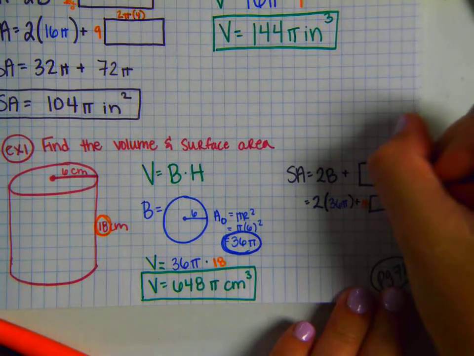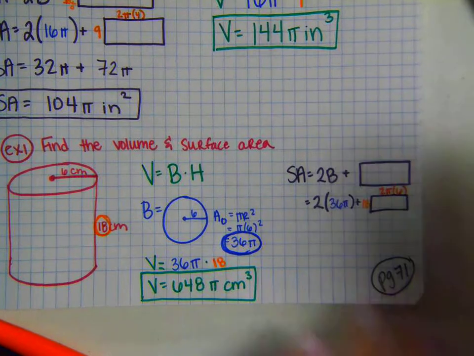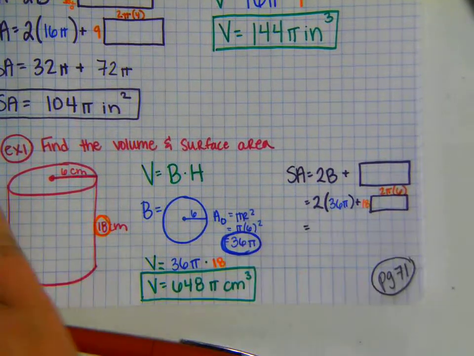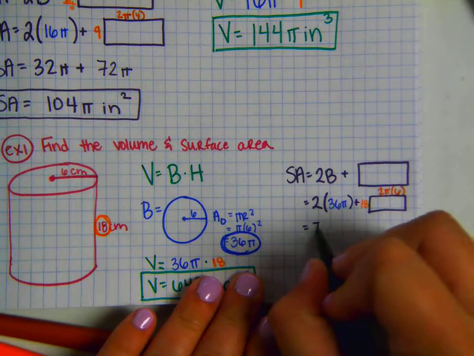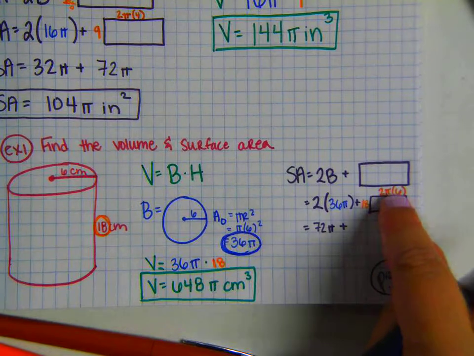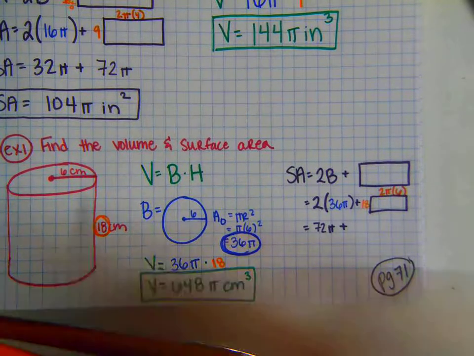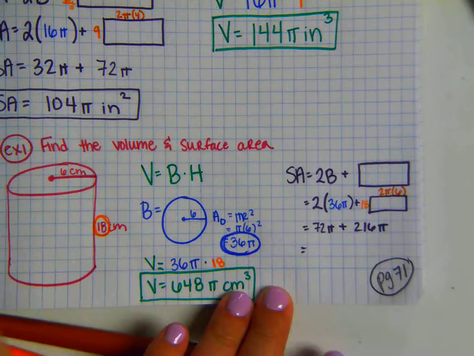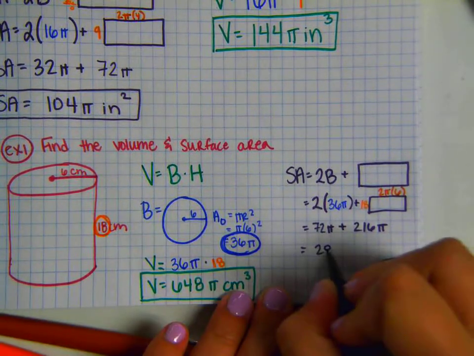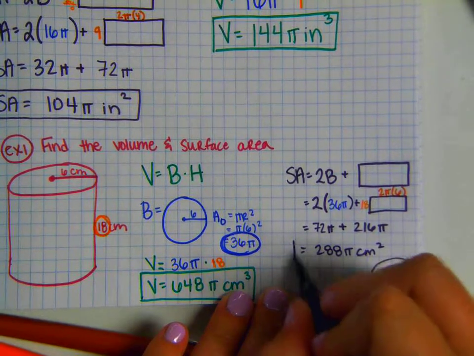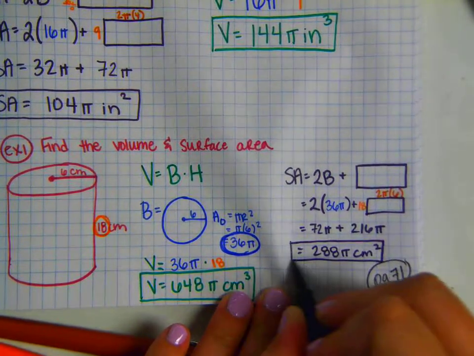So 2 pi times 6. So this is going to equal 72 pi plus 2 times 6 is 12. So 12 times 18 gives me 216 pi. That'll be 288 pi centimeters squared. And that's our surface area.